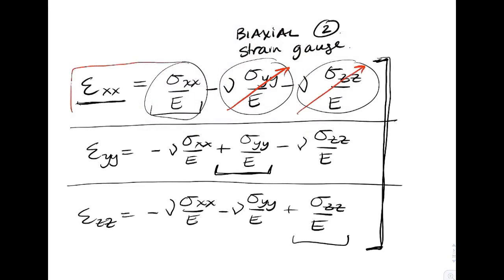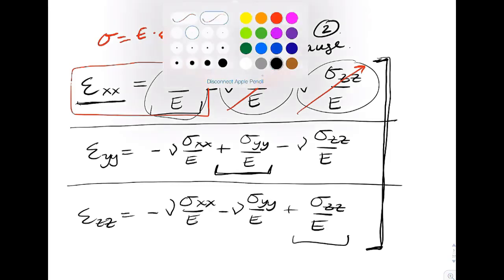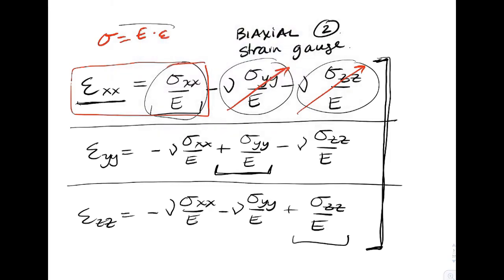So that's where the sigma equals E times strain came from. So we want to think a little bit more general, and this is only a very specialized case.